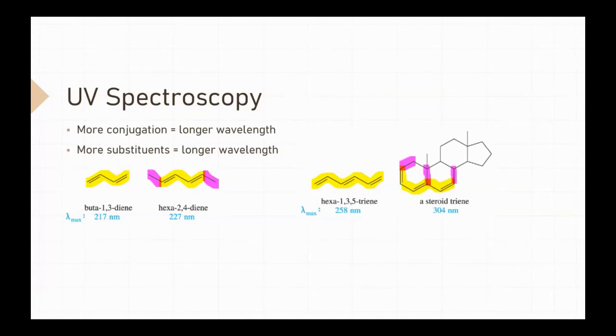To figure out how many substituents you have, look at your conjugated system. How many substituents are sticking out of it? Here you have 2, 1, 2. And here you have 3. So that's why this one is higher than the ones with no substituents. Okay.